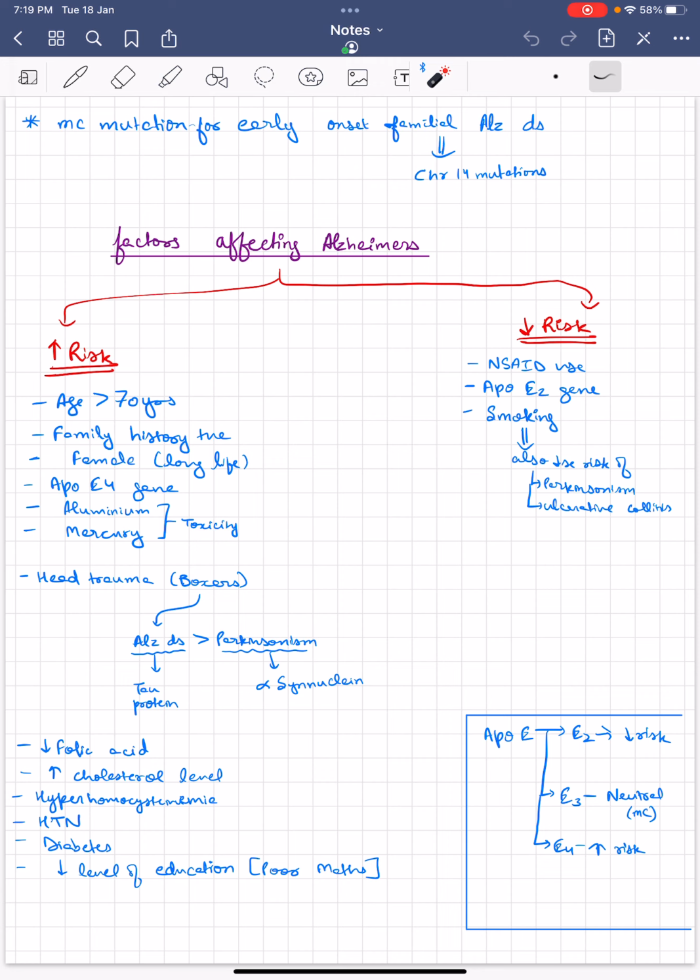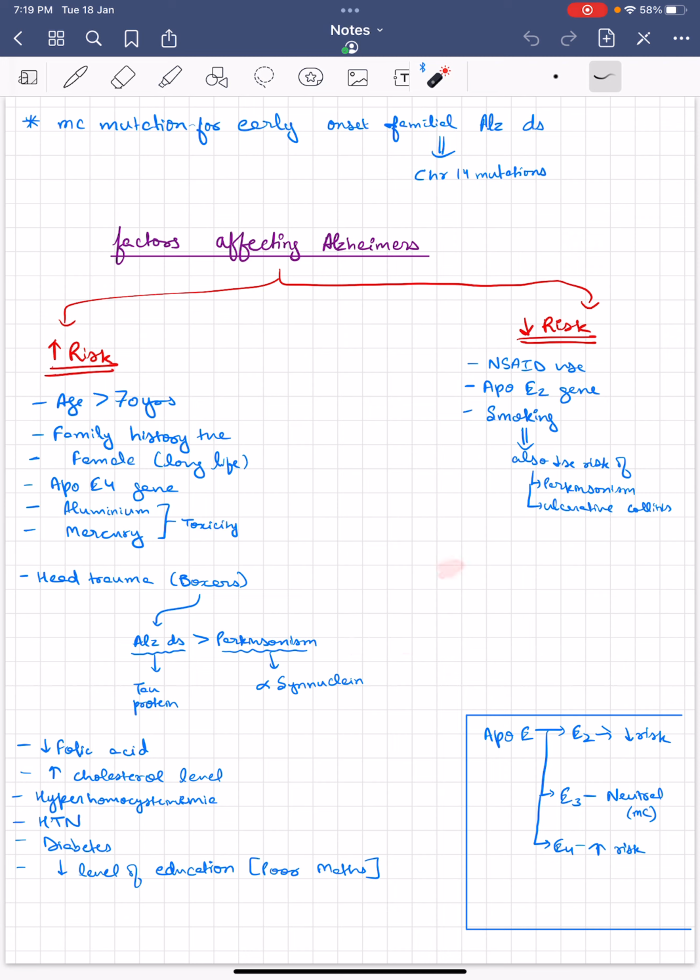Alright, so let's revise this. Factors affecting: there are some factors which increase the risk, some which decrease the risk. Decreased risk is easier to remember. The things that decrease risk were NSAIDs, smoking, and ApoE2. The things that increase the risk were ApoE4, age, obviously age.